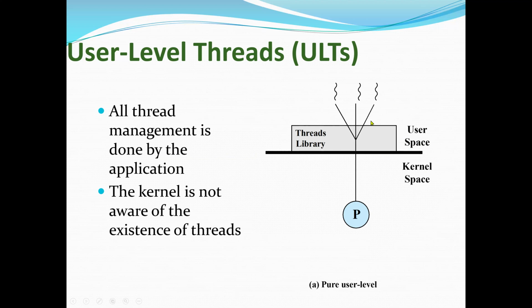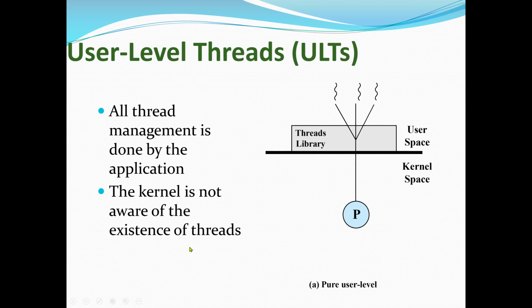All the threads executing don't have any direct access to or interference with the kernel space. So sometimes we may call the user level thread a very secure thread. Again, all thread management is done by the application, and the kernel is not aware of the existence of those threads.